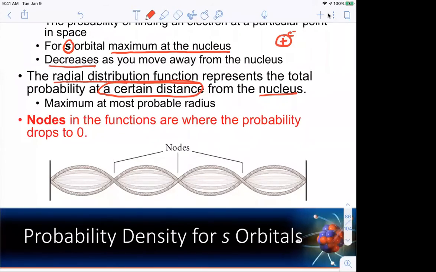The maximum is at the most probable radius or distance from the nucleus. There are things called nodes in the functions where the probability drops to 0. So there is absolutely 0 chance of finding electrons when I have a node.